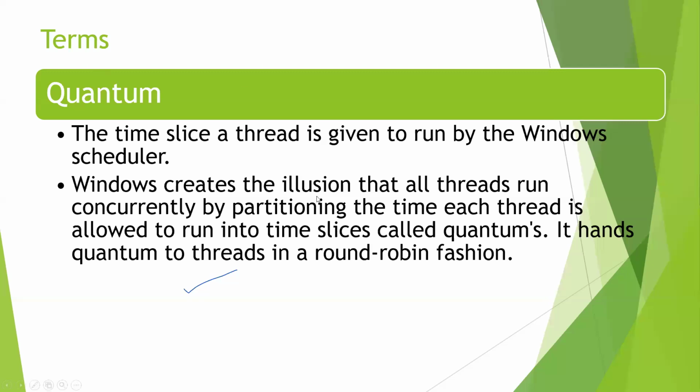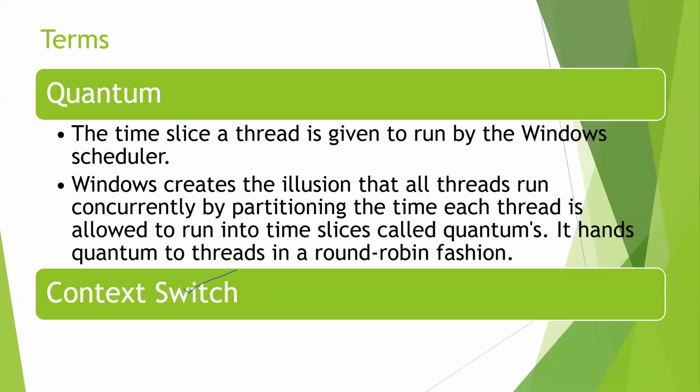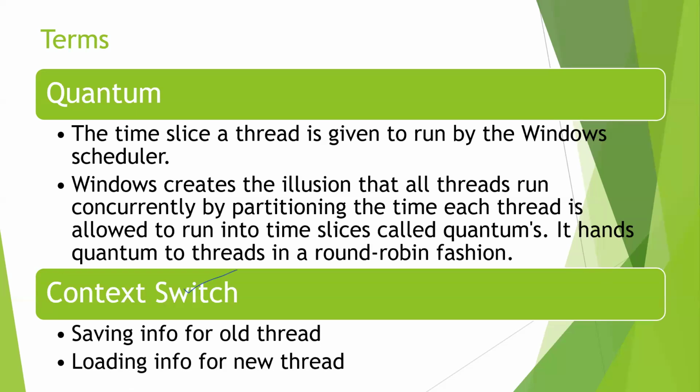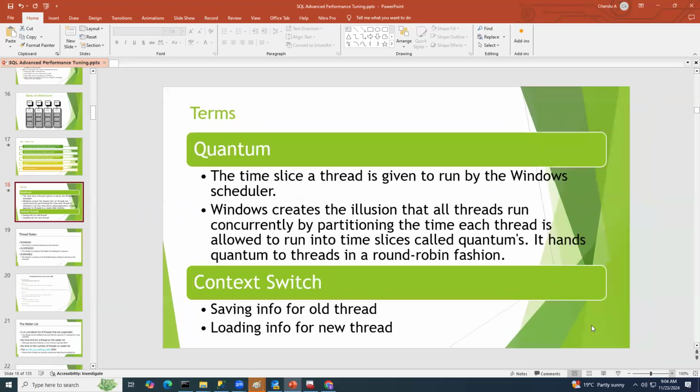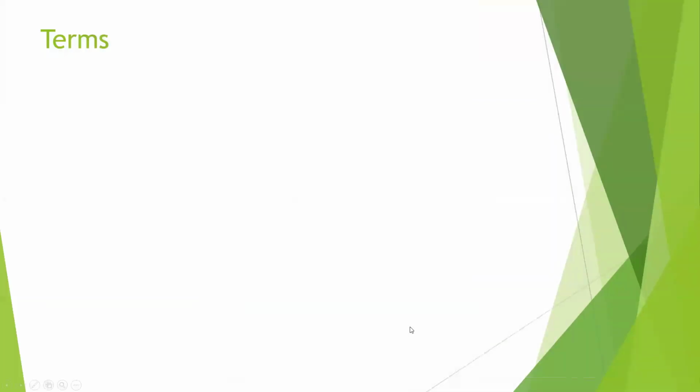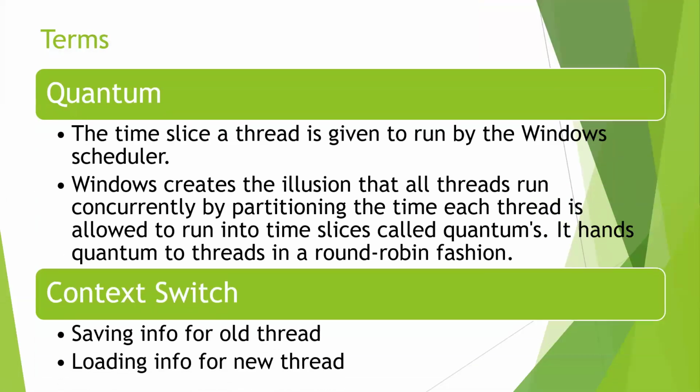Windows creates an illusion that all threads run concurrently by partitioning the time, 4 milliseconds as we were talking about. Context switch means saving information for the old thread and loading information for the new thread. That's what it is, right?